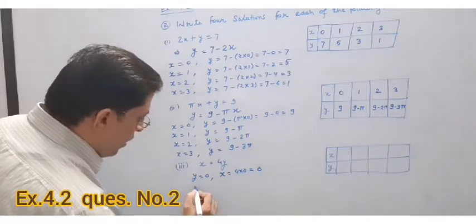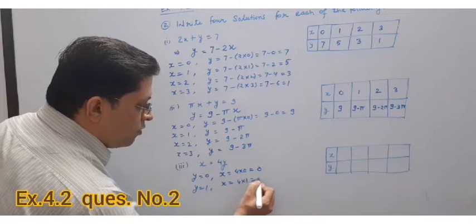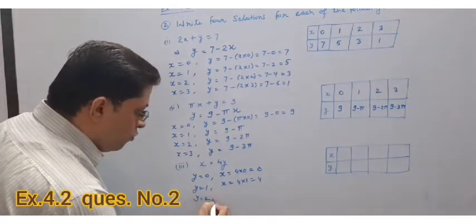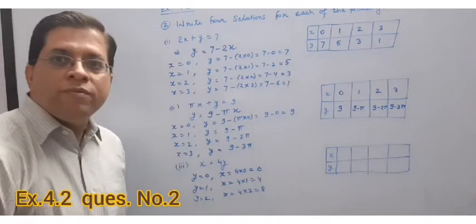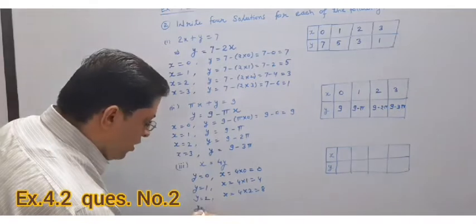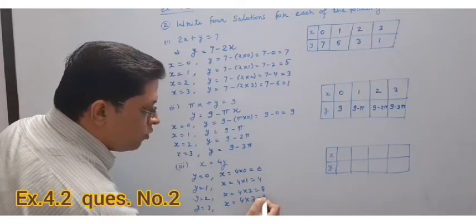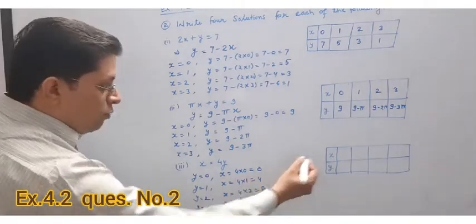Okay, if I put y is equal to 1, then x will be 4 into 1, this is 4. If I take y is equal to 2, 4 into 2, this is 8. If I take y is equal to 3, x will be 4 into 3, 4 3s are 12.